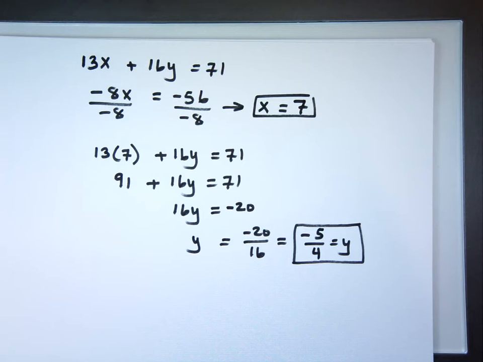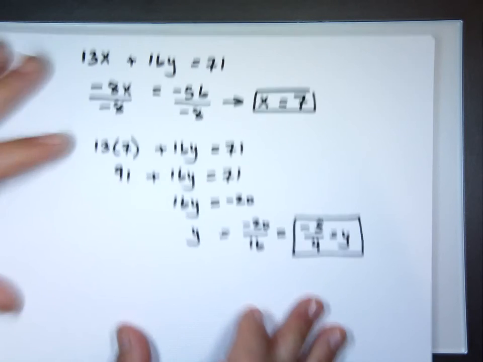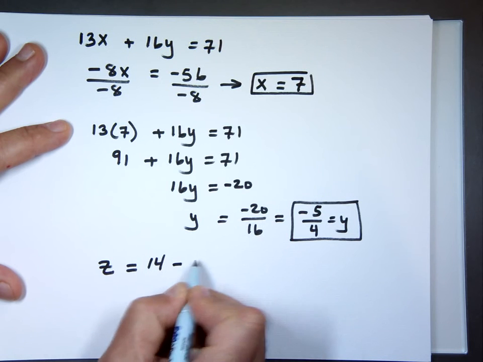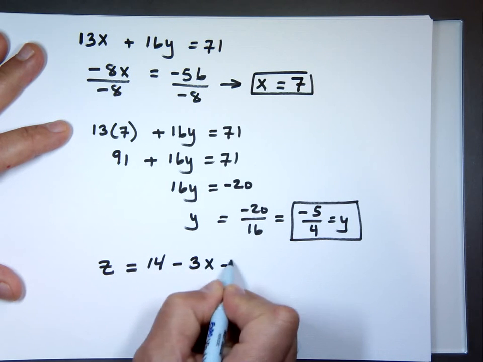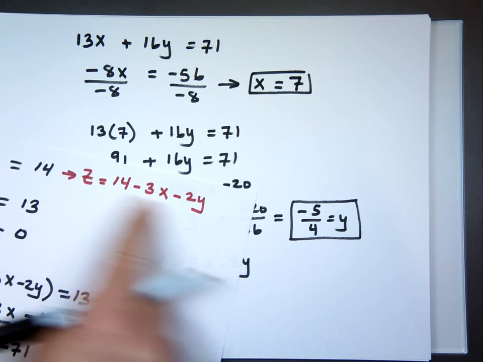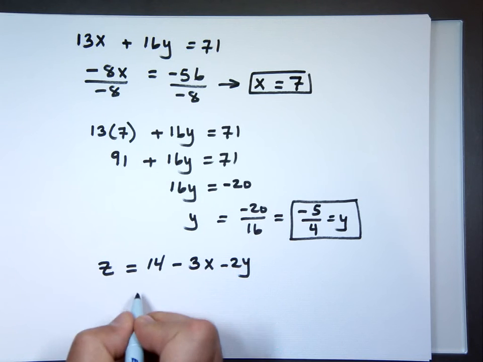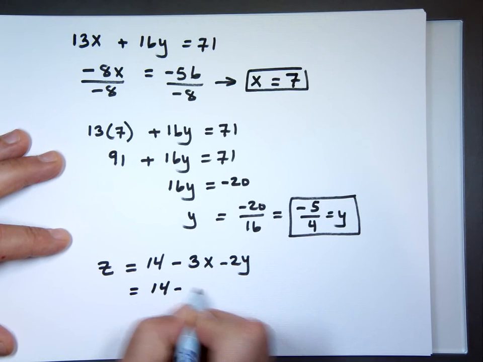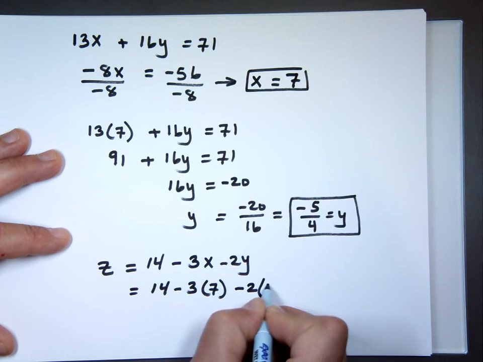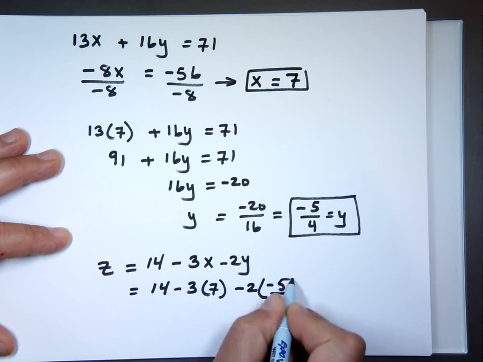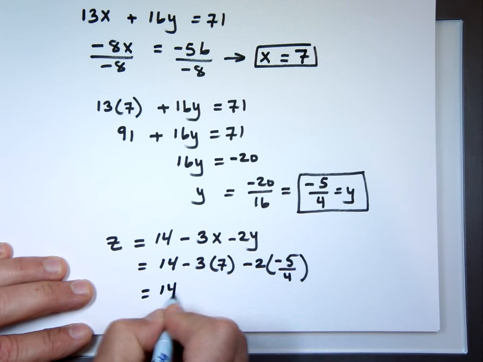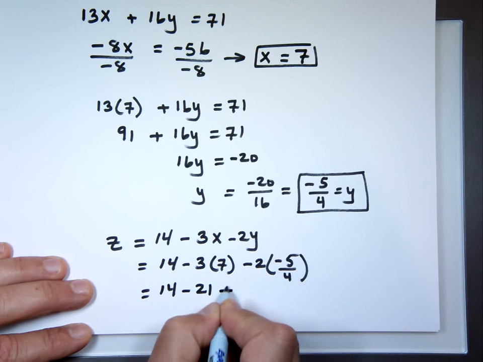If I know x and y, can I find z? It's 14 minus 3x minus 2y. That's what z is from the top, right here. Let's plug in the numbers. 14 minus 3 times x is 7 minus 2 times negative 5 over 4. This will be a plus.